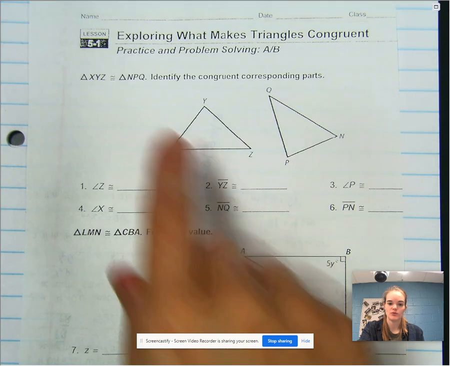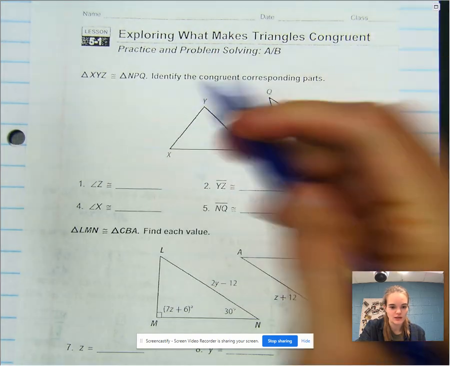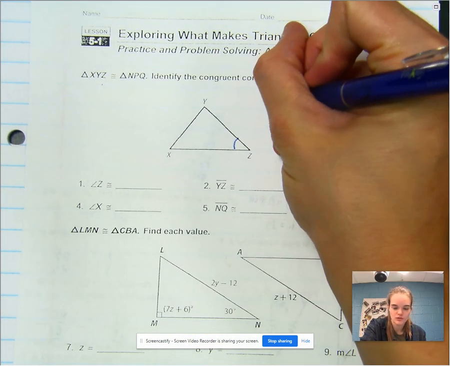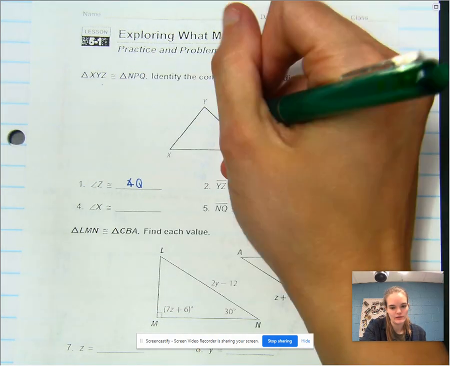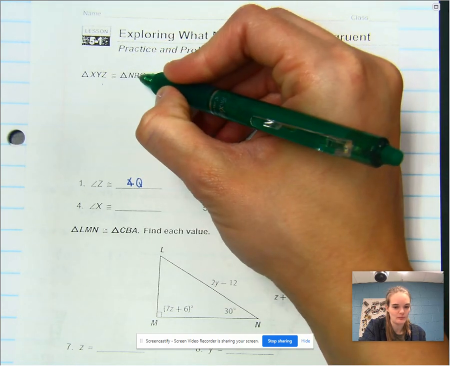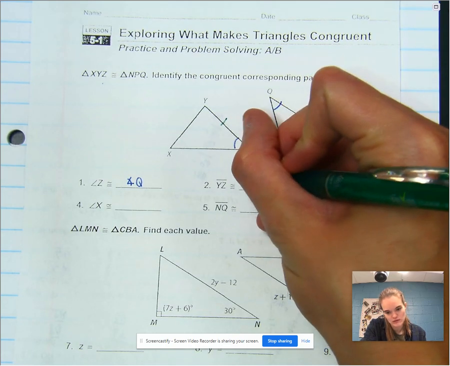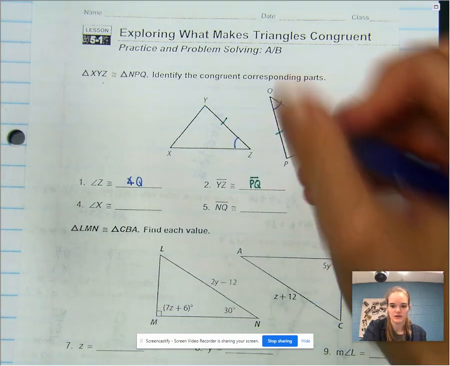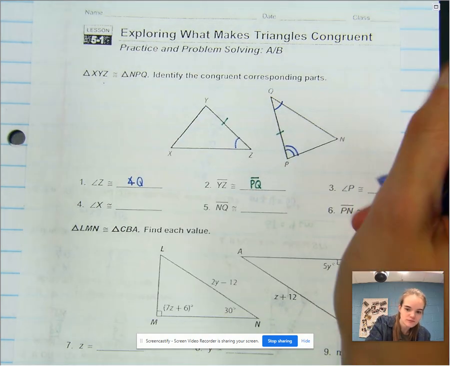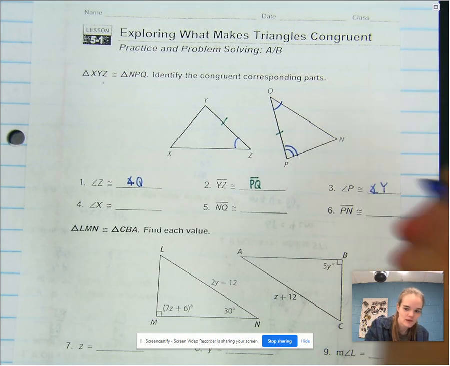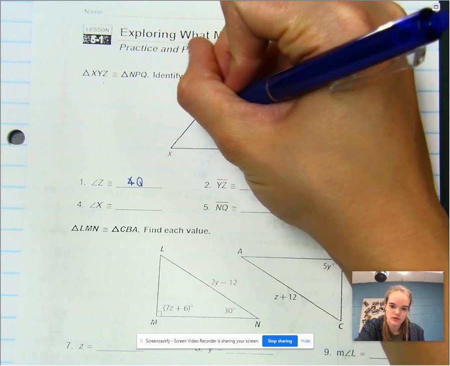Okay, so based on this right here, angle Z is congruent to angle Q. YZ, Y then Z, is congruent to PQ, P, Q. Okay, angle P is congruent to angle Y. Angle X, and I forgot to, hang on, let's label the diagram.